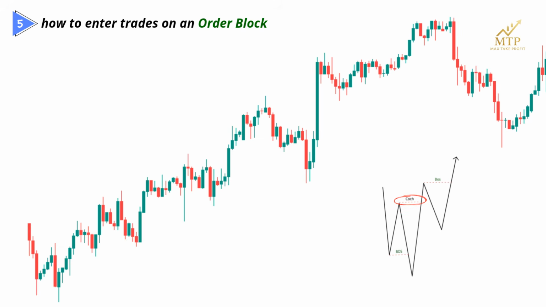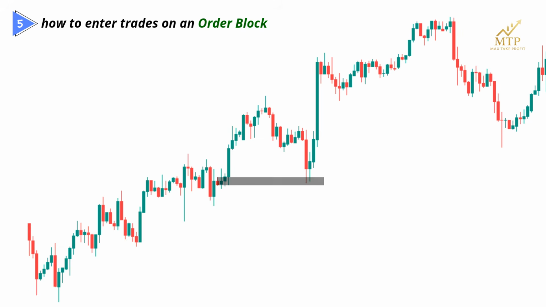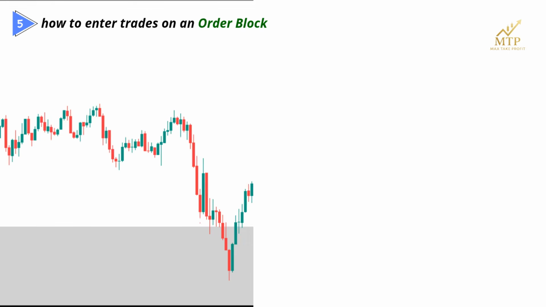A COCH, change of character, is a shift in market structure, and it often signals a potential trend reversal in the expected direction. Execution process. Price returns into the order block zone. We then drop down to a lower time frame to look for the COCH.